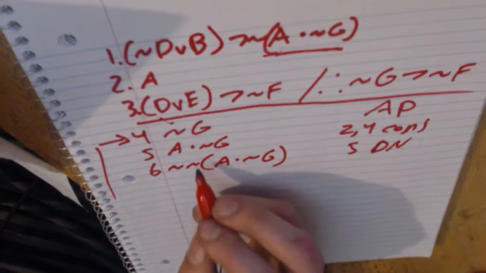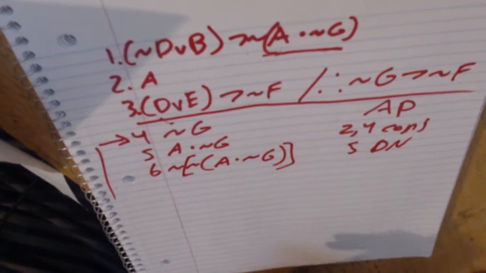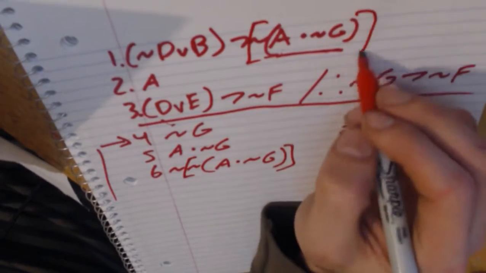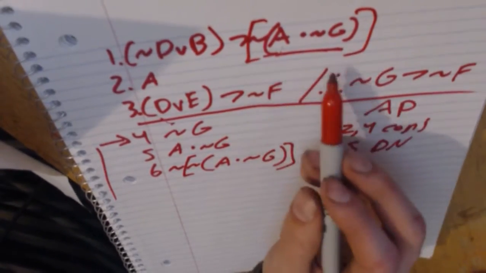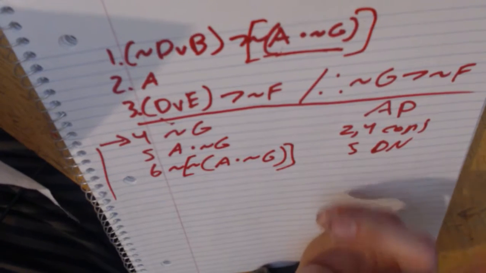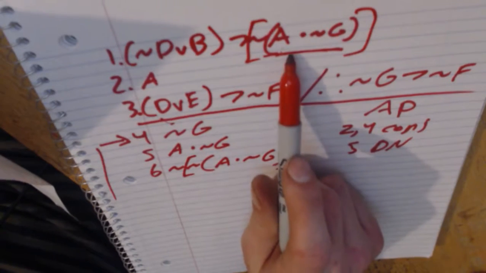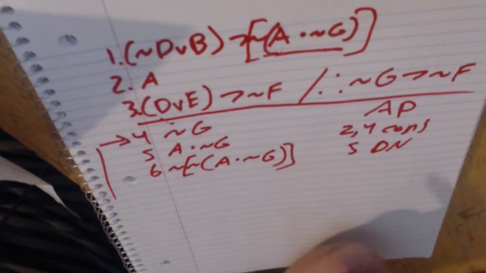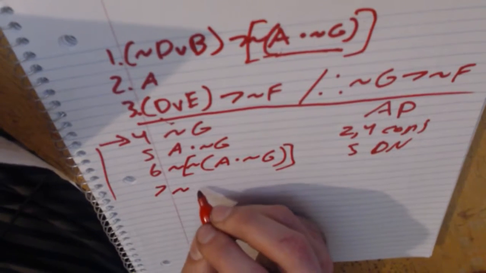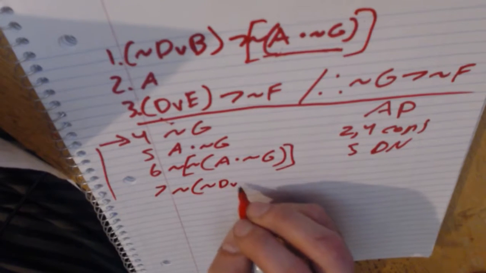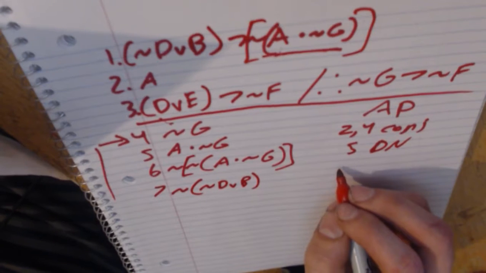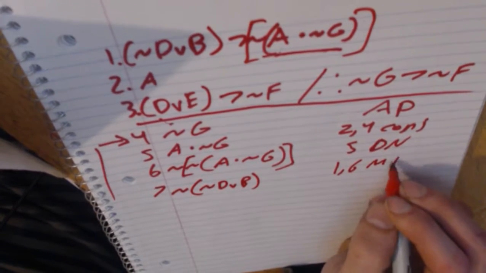So now we know, let's put a bracket around it so it's a little bit easier to see. Now we know it's not that. Put a bracket around that. We know it's not that. And a rule we were familiar with, the second rule we ever learned, modus tollens. We know it's not this, therefore it can't be that. So line 7, it is not D or B. By lines, what is that? 1 and 6, modus tollens.